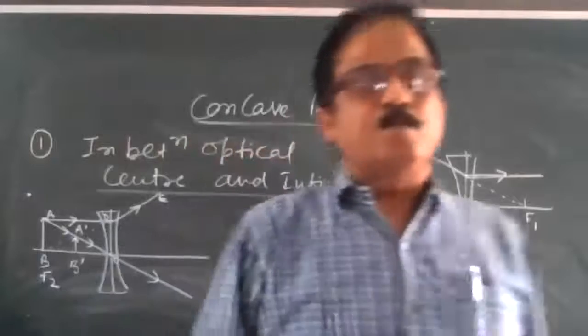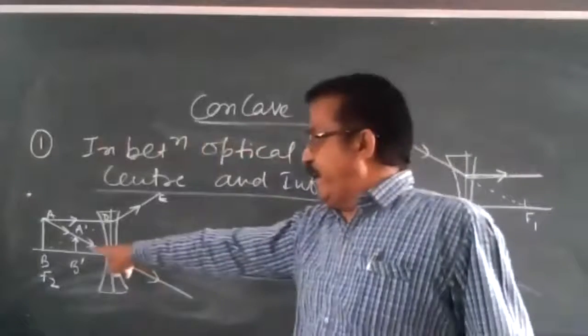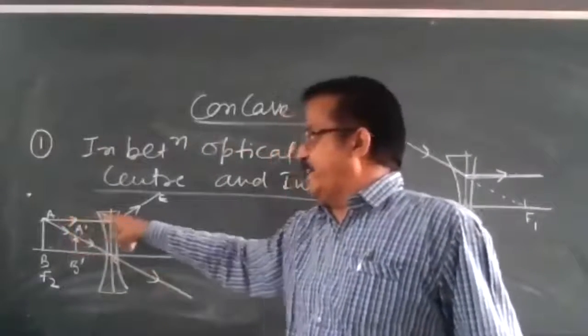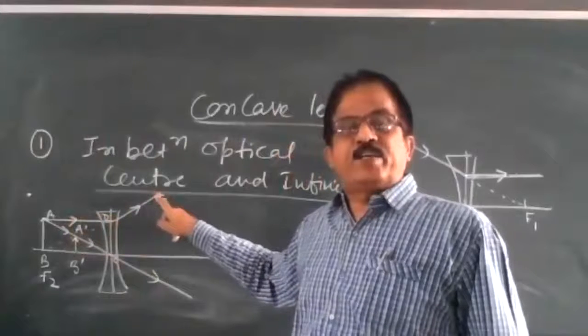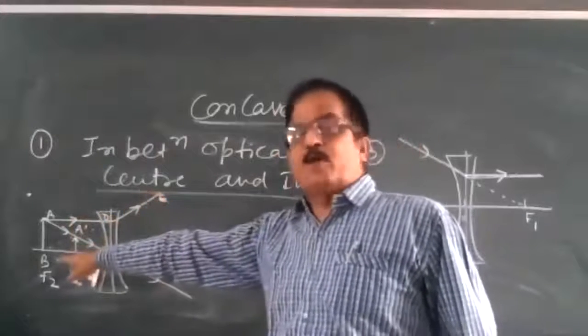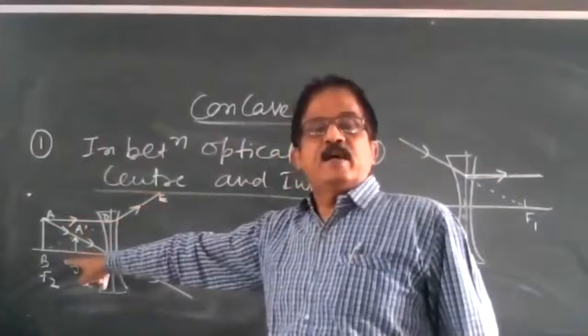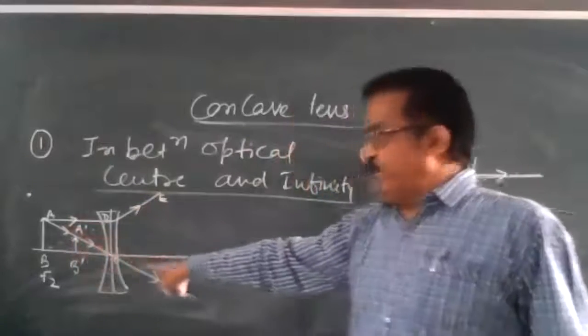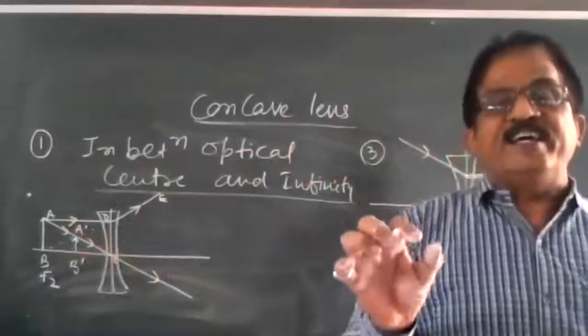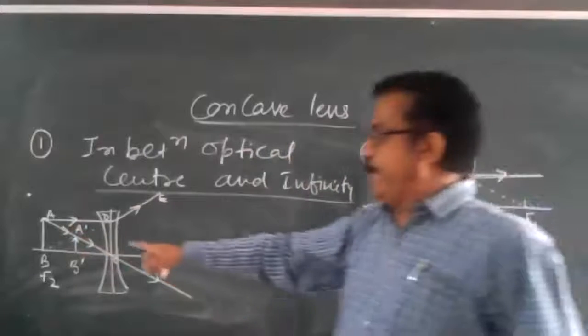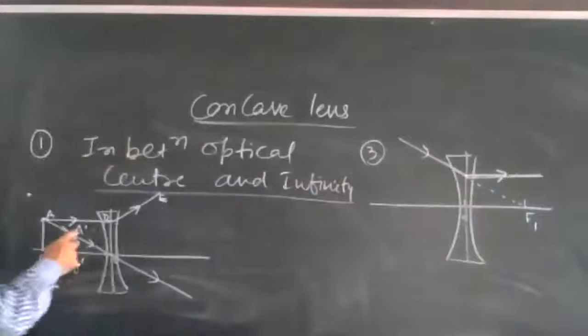See this figure. Here we are getting एक रे जो पैरेलल आ रही थी, after refraction appeared to come from the focus, and the second ray which is going through the optical center. So both the rays are meeting here, A dash B dash.